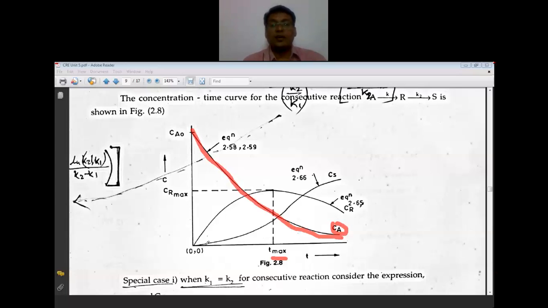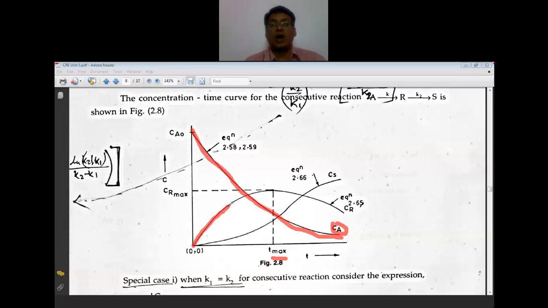Then what is happening to A giving R? What is happening for R? R is initially 0, because there is no R and S, only A is available in the reactants. So there is maximum concentration of A, and 0 concentration of R and S. So the graph will start from 0 for R. R will initially increase, as the first reaction, A giving R, is taking place.